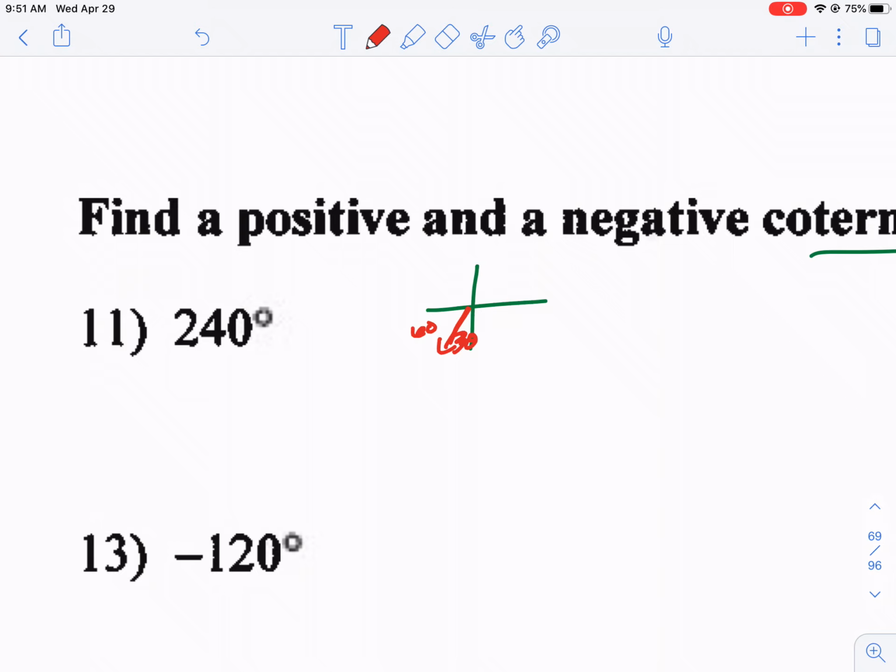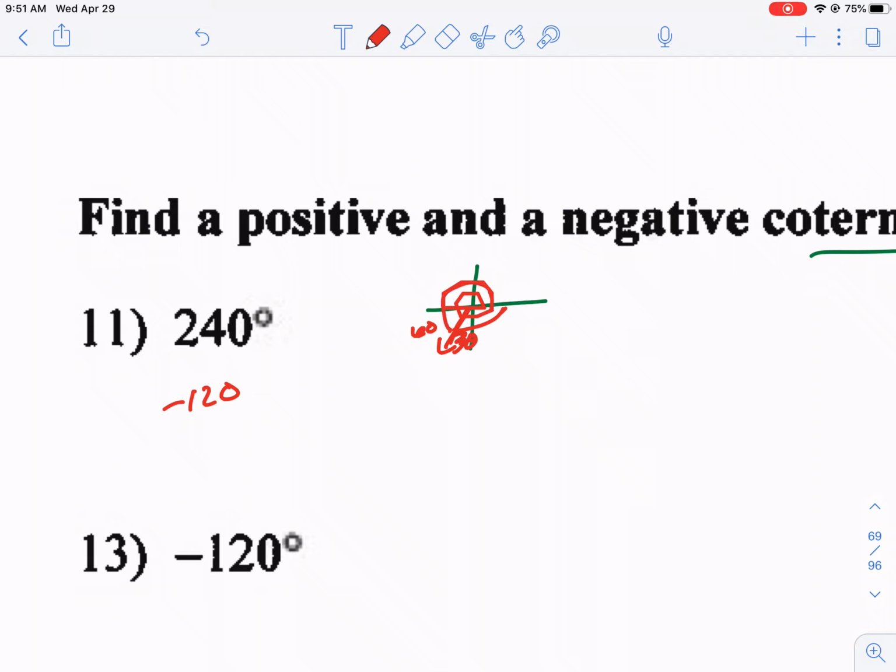So what I need is an angle that works with that. So one angle, I could go backwards and I could go negative 90 plus another 30. So that would be negative 120. I could do an entire lap, 360 plus another 180 plus another 60. Wow, I'm just making all sorts of shapes here.